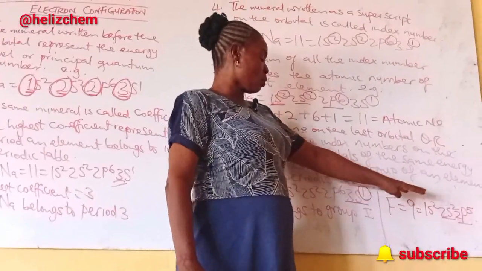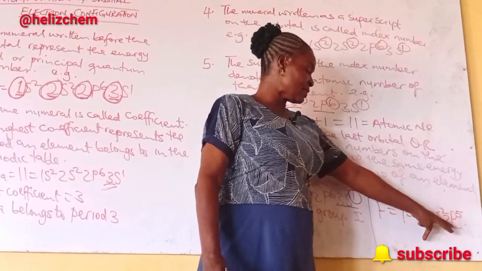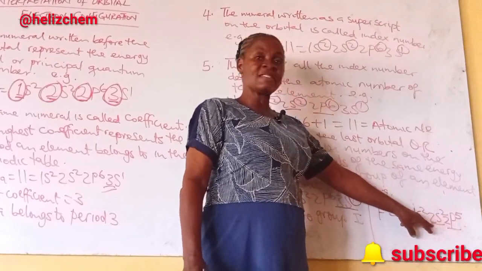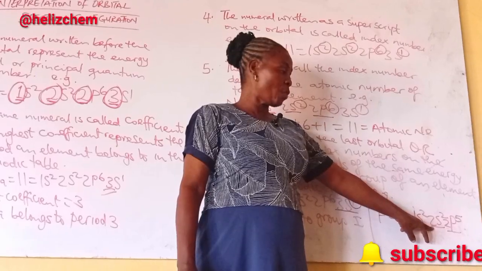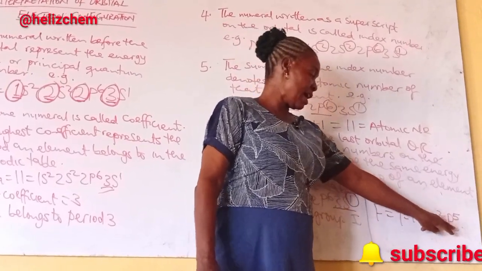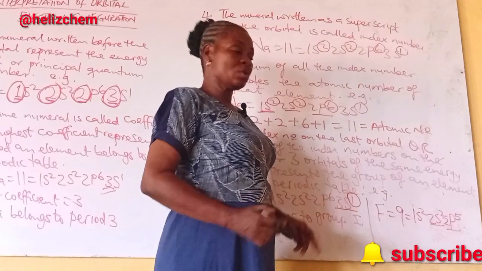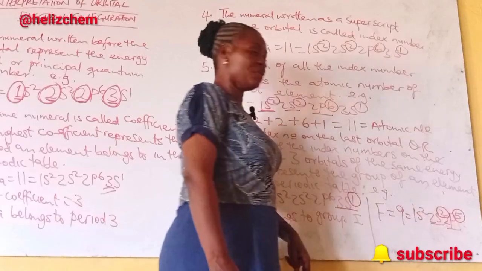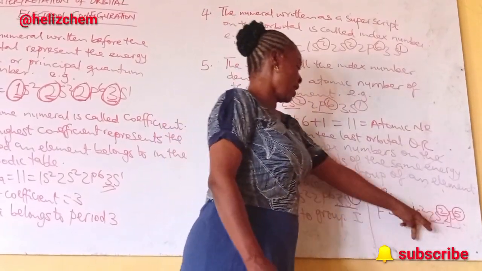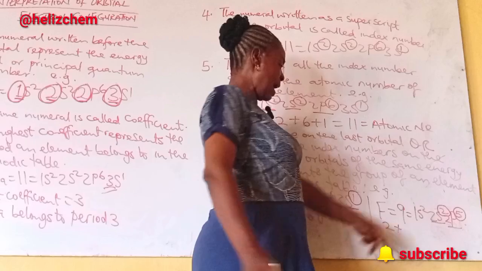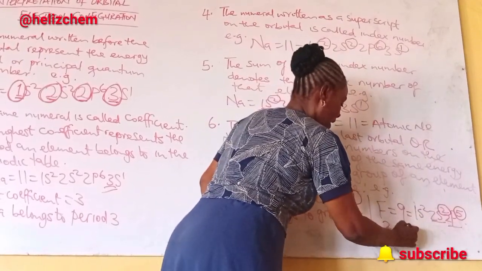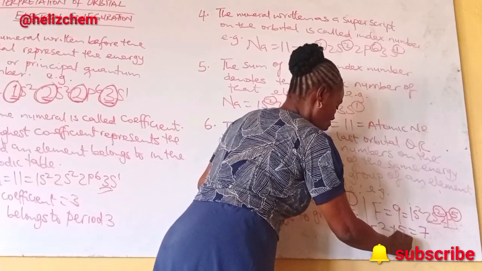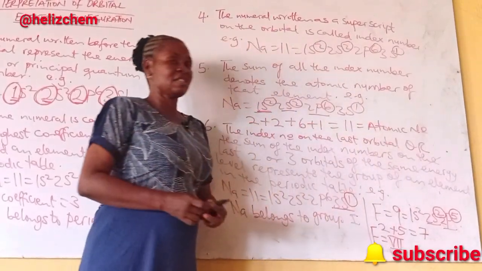So in this case, we cannot talk about the last orbital because we have these two last orbitals having the same energy level. So we are going to consider the 2s and 2p. What we are going to do is sum the index number on each. That will give us the group. The index number on 2s is 2, and the index number on 2p is 5, which is 7. Meaning that fluorine belongs to group 7 in the periodic table.